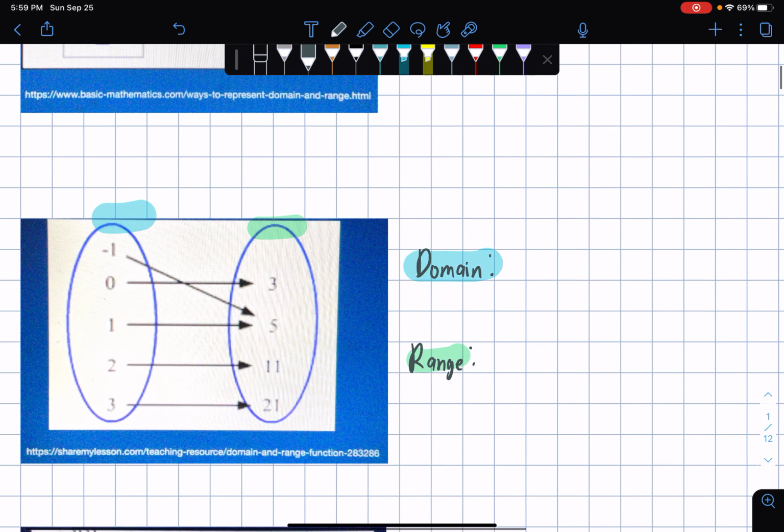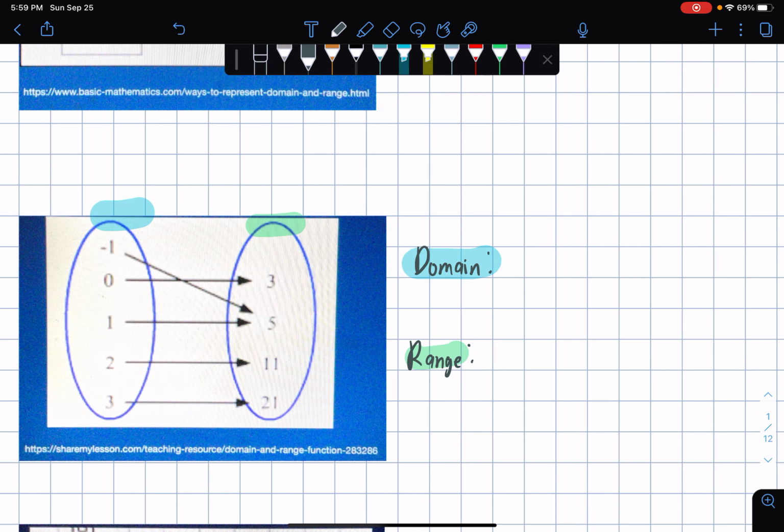Next question. There isn't any specific label on the given two sets, but obviously this is going to be set A. Anything that's at the left would be set A, and at the right would usually be set B. So set A refers to the domain, set B refers to the range.